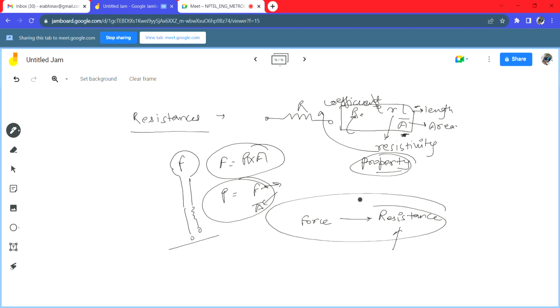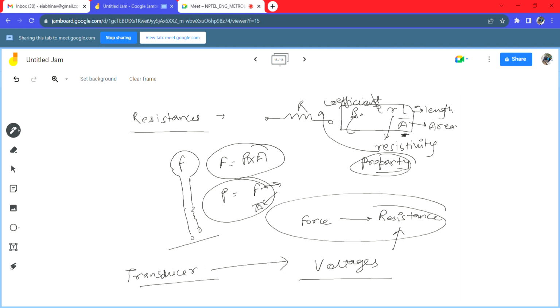And now this resistance is being calibrated in terms of voltages. This is how a general transducer action is being taken. Now this can be understood in terms of different other things. We have changed the resistance here.